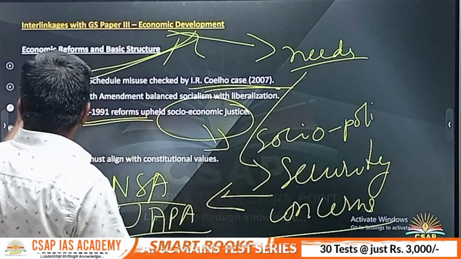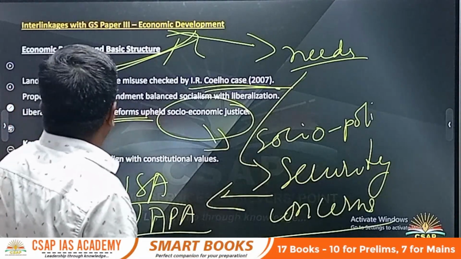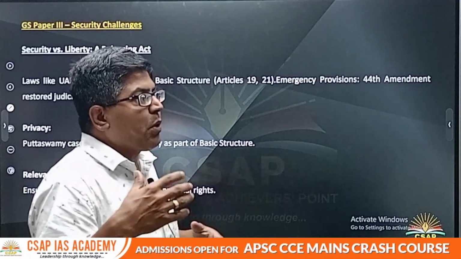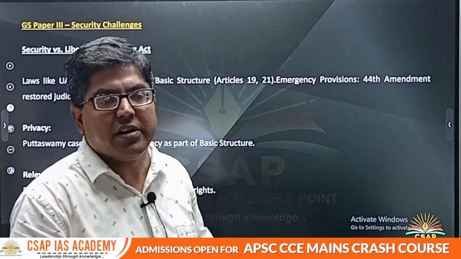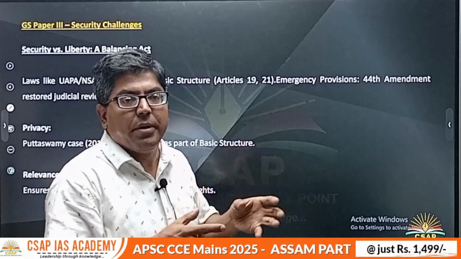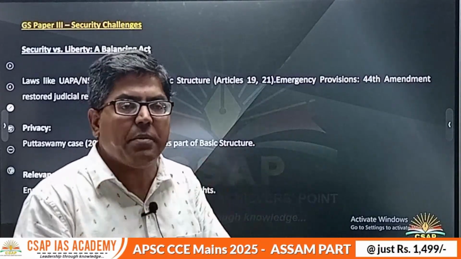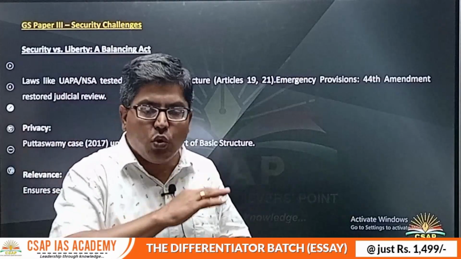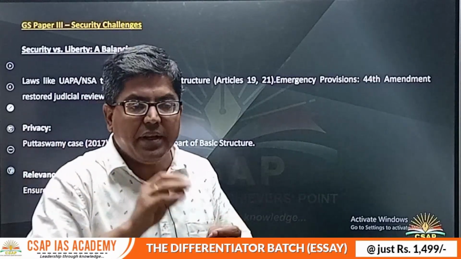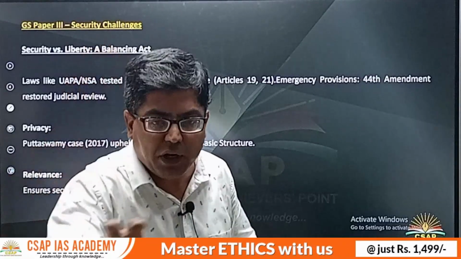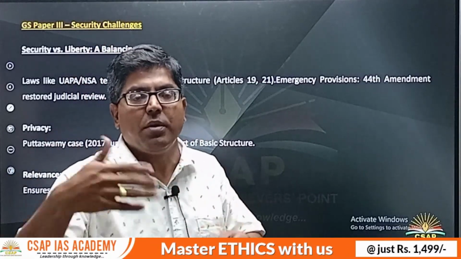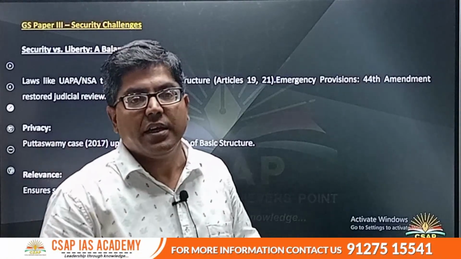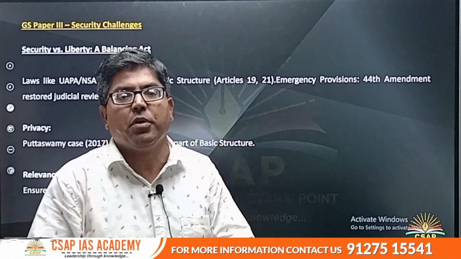Similarly, land reform, for example, and how removing the right to property from the category of fundamental rights was allowed, because if it was not done, it would have been very difficult to implement certain policies, the socio-economic policies that the state wanted to implement as per the mandate of the directive principles, which would not have been possible.